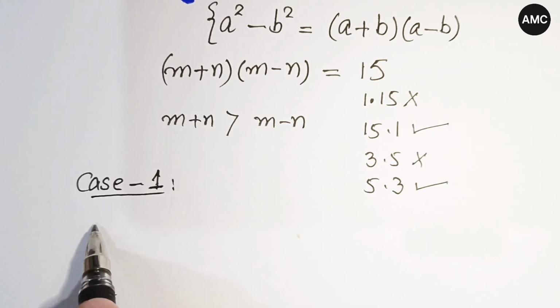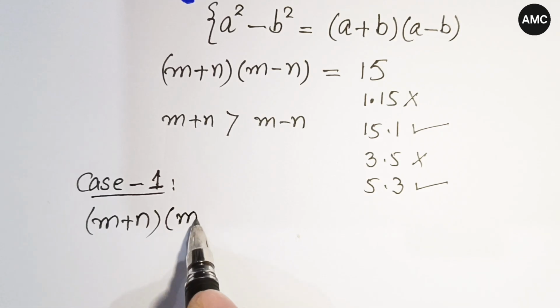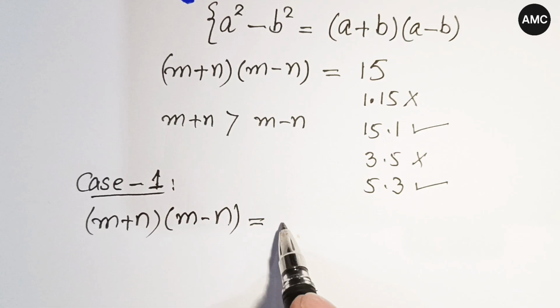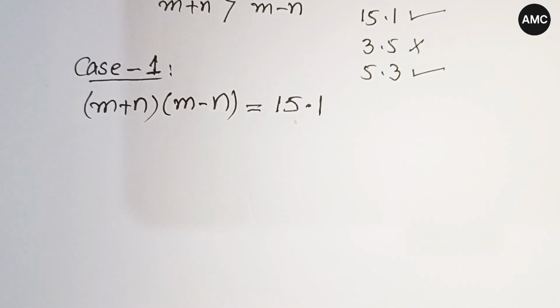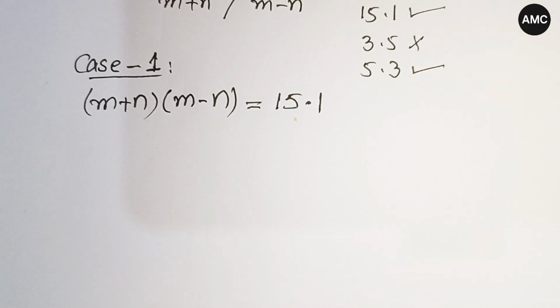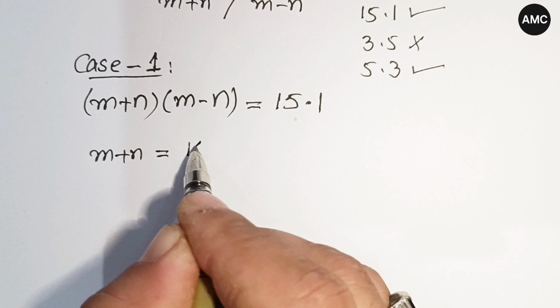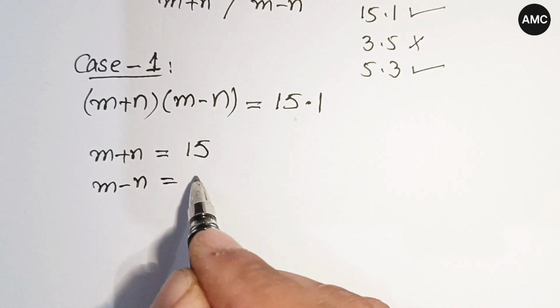Here our case 1 is m plus n times m minus n is equal to 15 times 1. So by system of equations, m plus n is equal to 15 and m minus n is equal to 1.